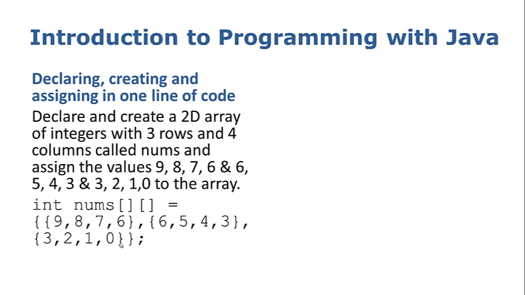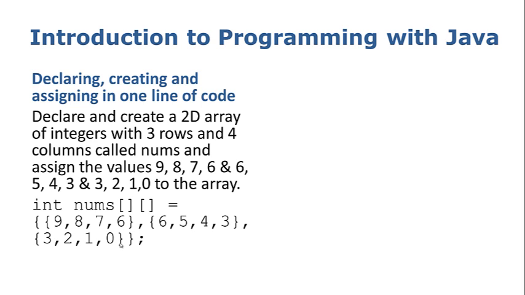And that line of code is int nums with 2 sets of square brackets to show that it's a 2-dimensional array. Then we have one large set of curly brackets to hold all of the different rows, and then each row gets its own set of curly brackets. The first row there is 9876, each separated by commas in its own set of curly brackets. That set of curly brackets is then followed by a comma. Then we open the new set of curly brackets for the next row, where we have 6543.